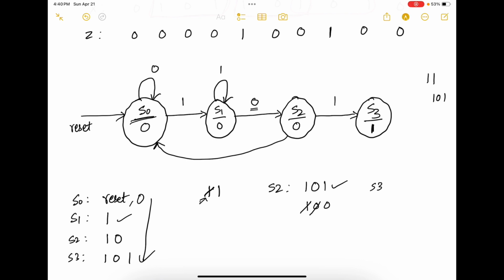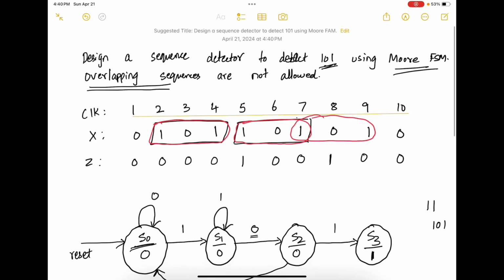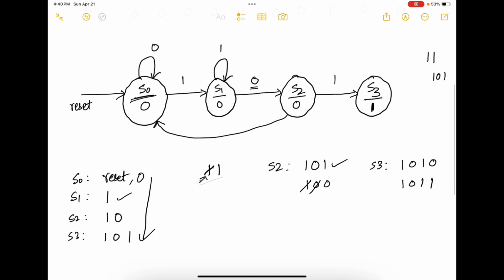Now let's do S3. S3 is a state which you got to by having the input sequence 101. Now there are two possibilities. Next you can get a 0 or you can get a 1. Remember here, overlapping sequences are not allowed. So since in S3 you have already detected the sequence, you can actually erase this. All you need to see is where you have to go for 0 and where you have to go for 1.